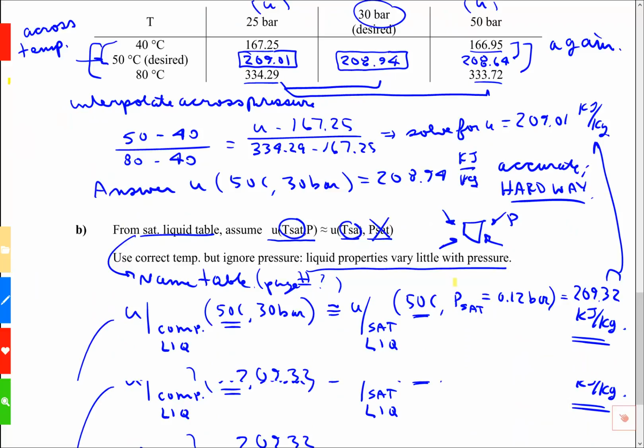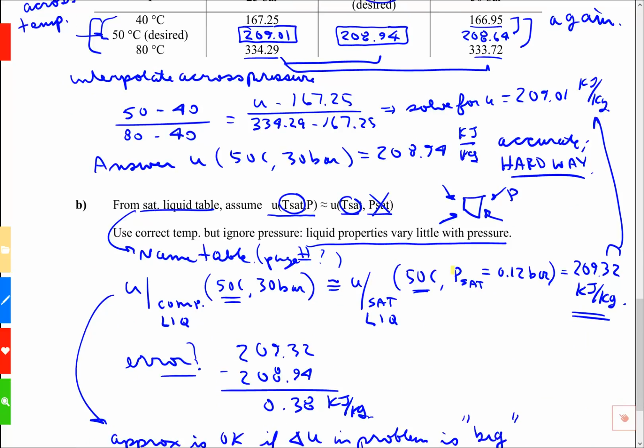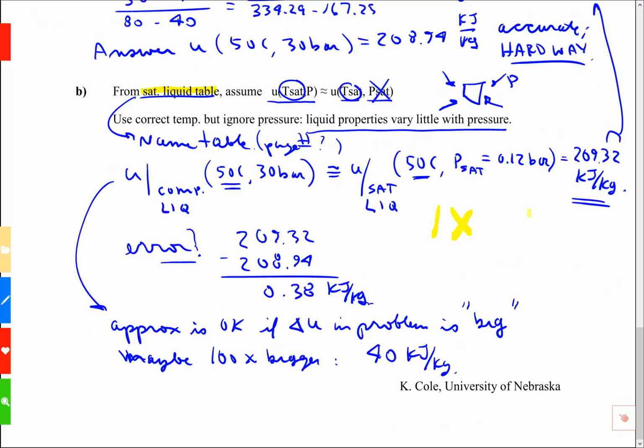As an alternative, if the delta U in the problem is large, we can use the saturated liquid value, and at most we're going to have to interpolate maybe 1 time. So this is easier. And if you remember that you can use this trick when the delta U in the problem is big, then all will be well.